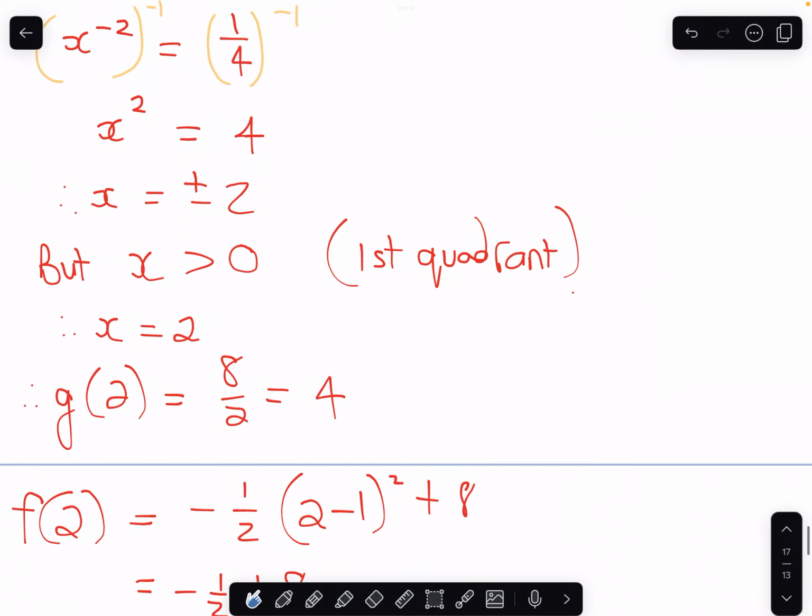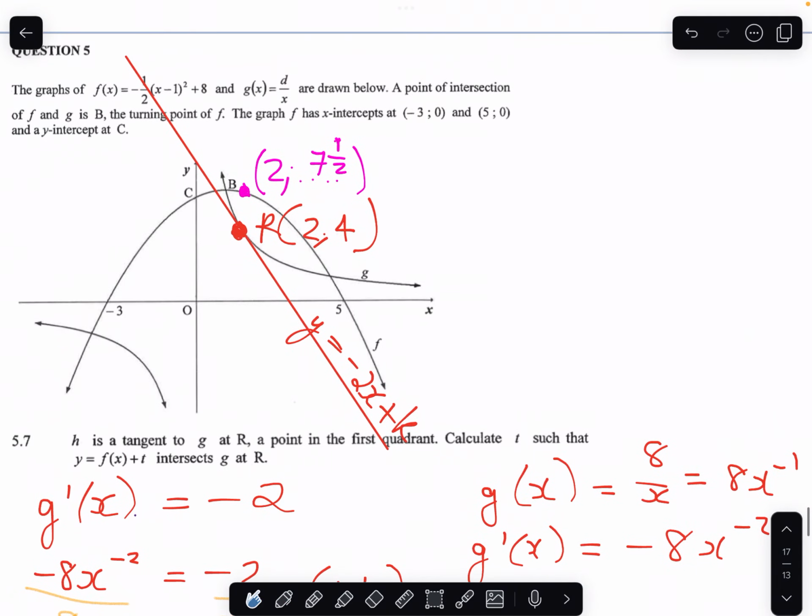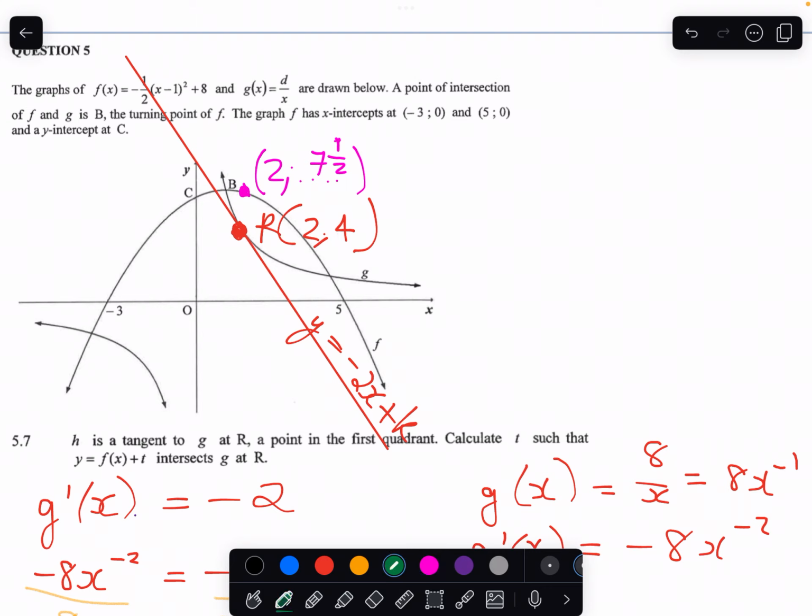Of course, another way that you could have done it is to say we want f of 2 specifically plus t to be equal to g of 2. So then we can solve that equation.